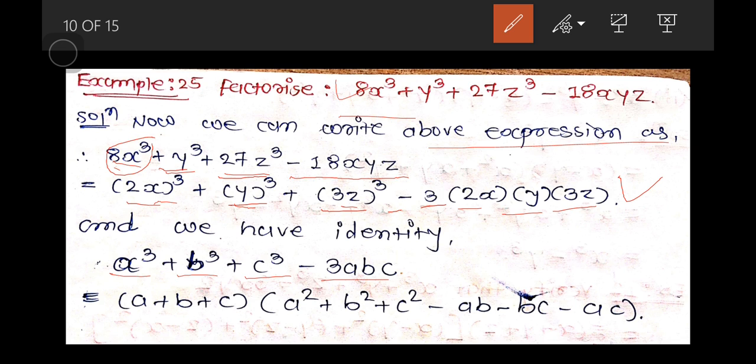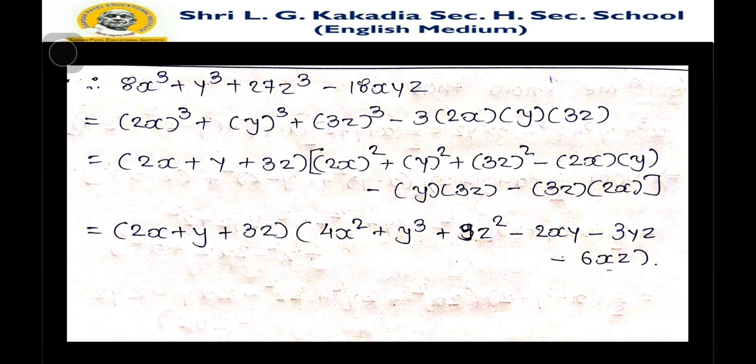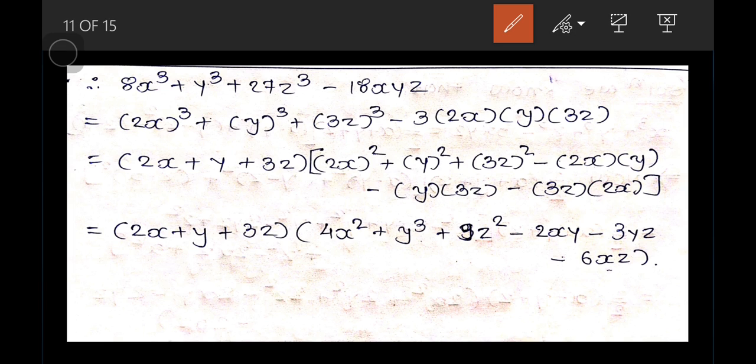So we can write the factorization of this expression as a plus b plus c into, in bracket, a square plus b square plus c square minus ab minus bc minus ac. So we can consider a as 2x, b as y and c as 3z. So we put these values in identity number 8 and we get the form as given here.